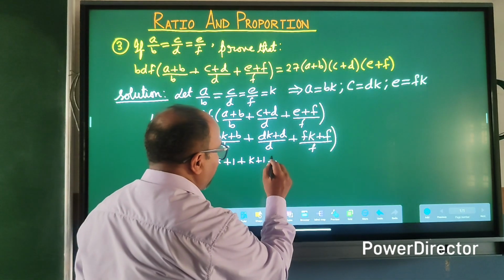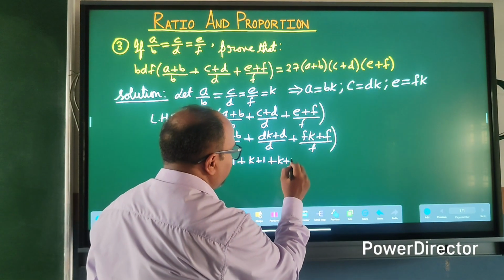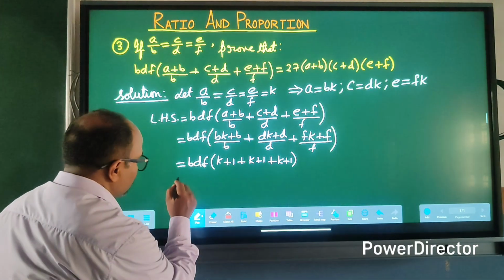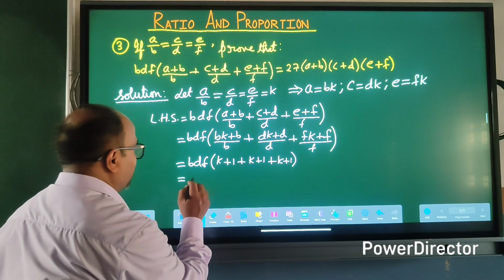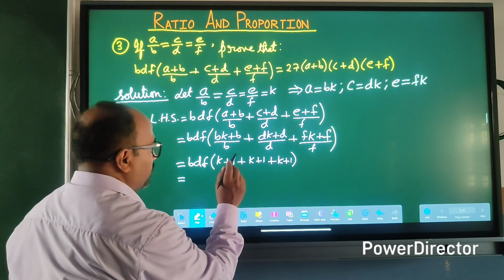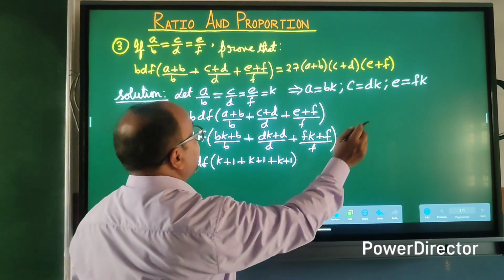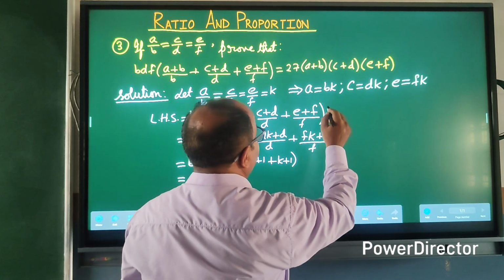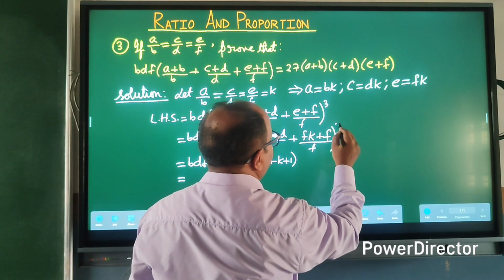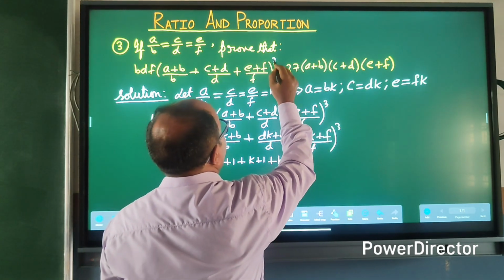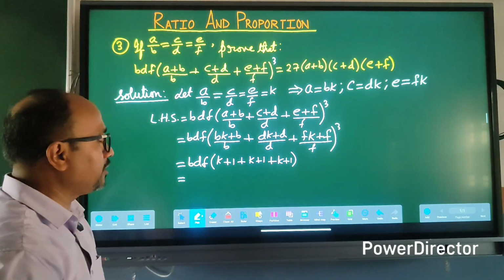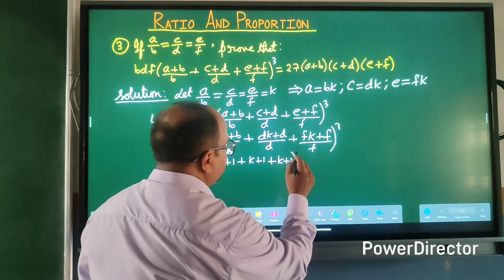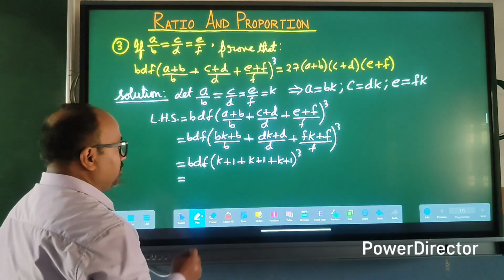And the same thing happens here, I get K plus 1. So now I have K plus 1, K plus 1, K plus 1, and there was a cube here, which I had missed over here. There was a cube here, so this will be a cube.